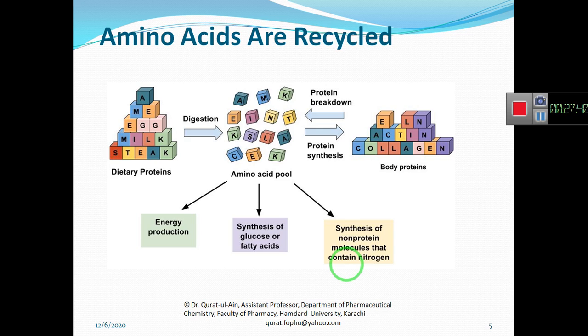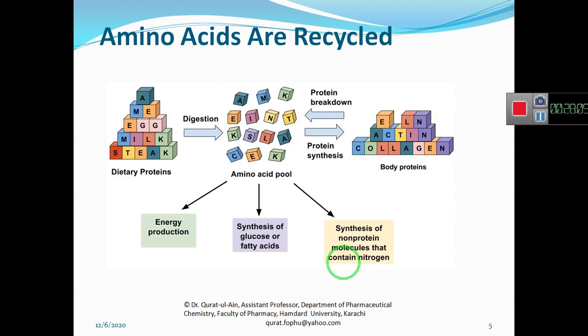So what type of non-protein molecules can be synthesized from the amino acid? Non-protein molecules are those molecules that have nitrogen in them. We will study in our coming lecture what these non-protein molecules can be.